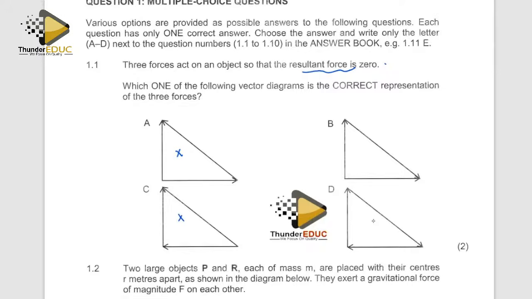But when I look at D and B, there could be something there. For example, if this one starts from here and goes up, this one goes down, this could be the resultant. So I'm going to take B to be my correct answer.